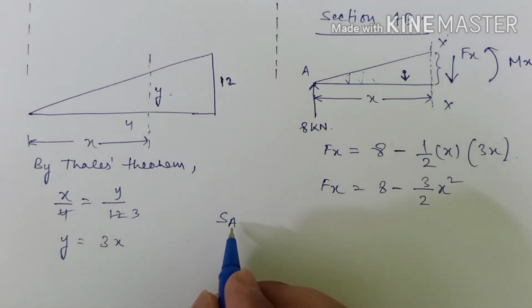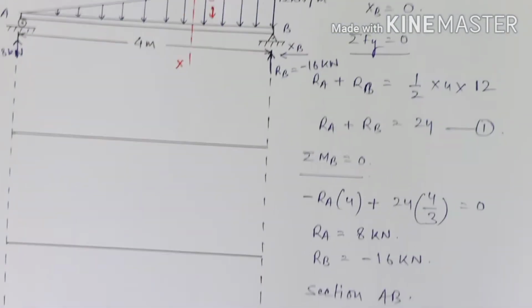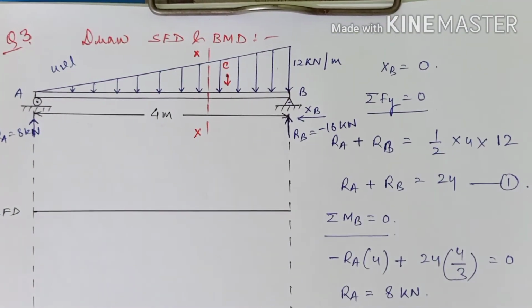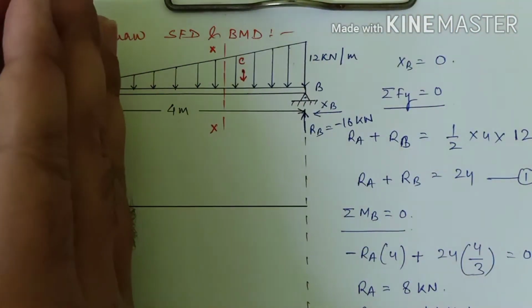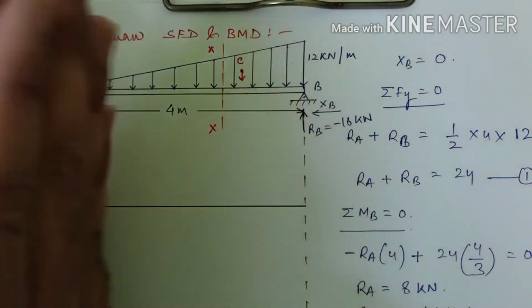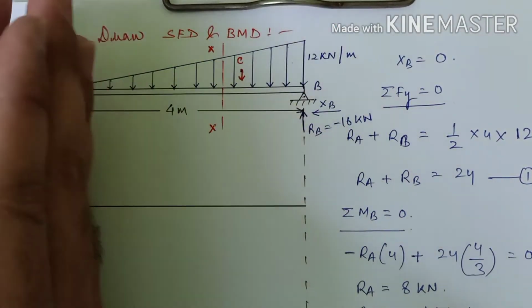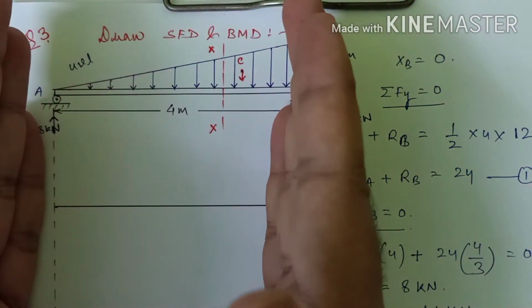For finding the shear force at A, the value of x will be 0. To calculate it, just compress this load. As you go through this beam, just increase the value of x.